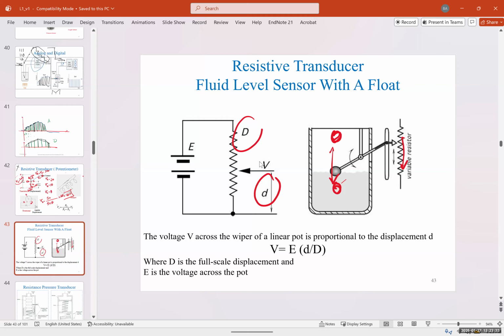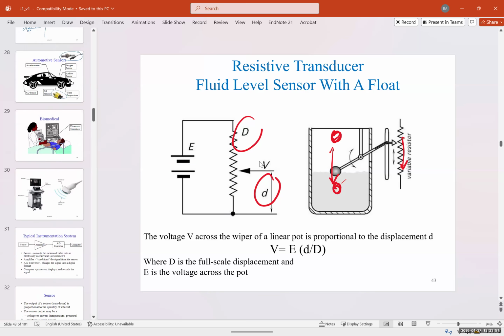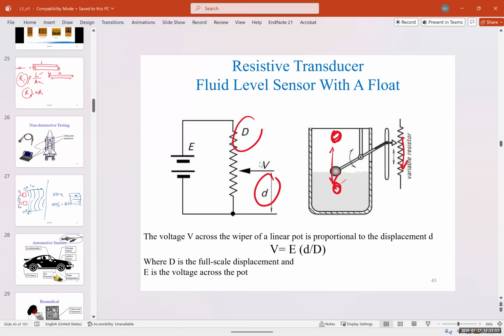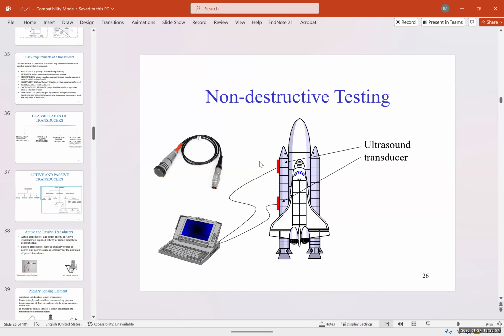That's not going to be good because if gas leaks a little bit, you're going to have an electric signal, it's going to ignite, and it's going to be dangerous. So we go with the ultrasound one that we saw in the rocket before. Yes, this type of ultrasound transducer.